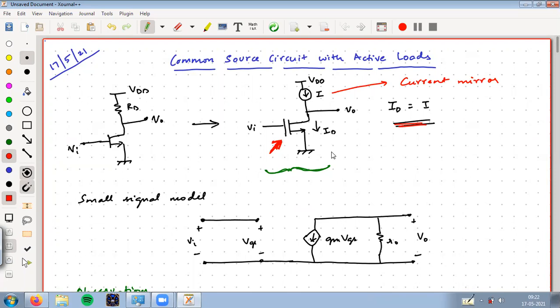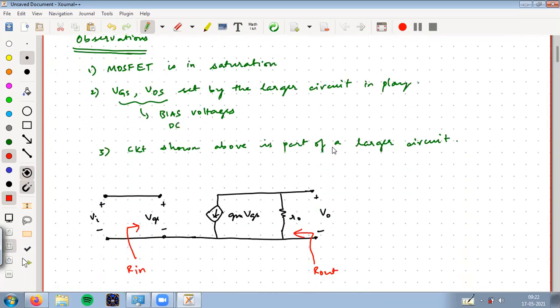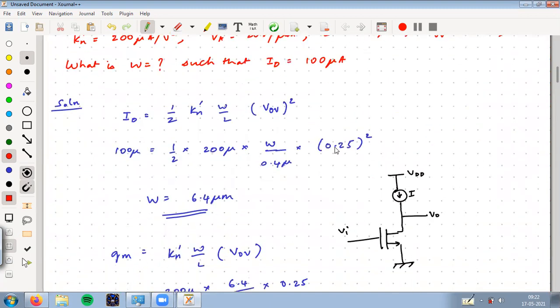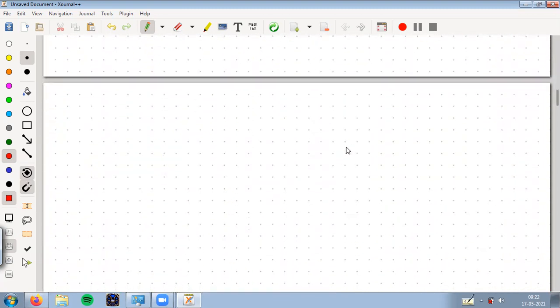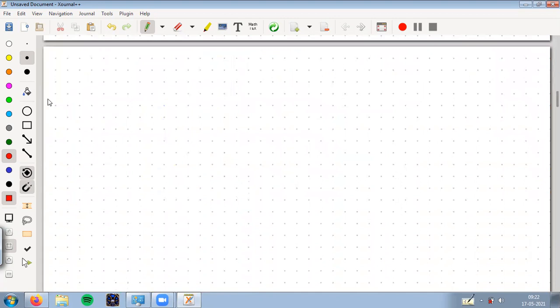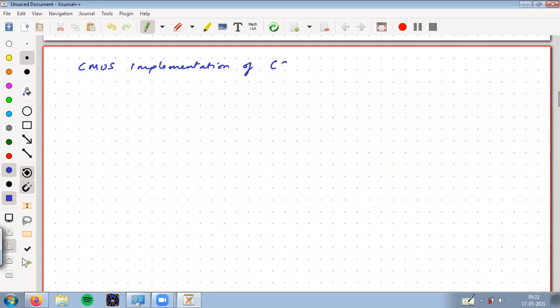So next topic is common source circuit with active loads, but this time using CMOS implementation. CMOS implementation of common source amplifier with active load.